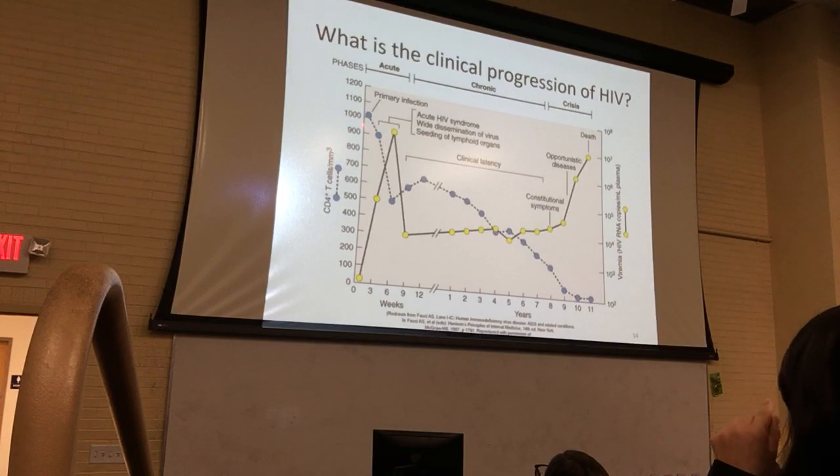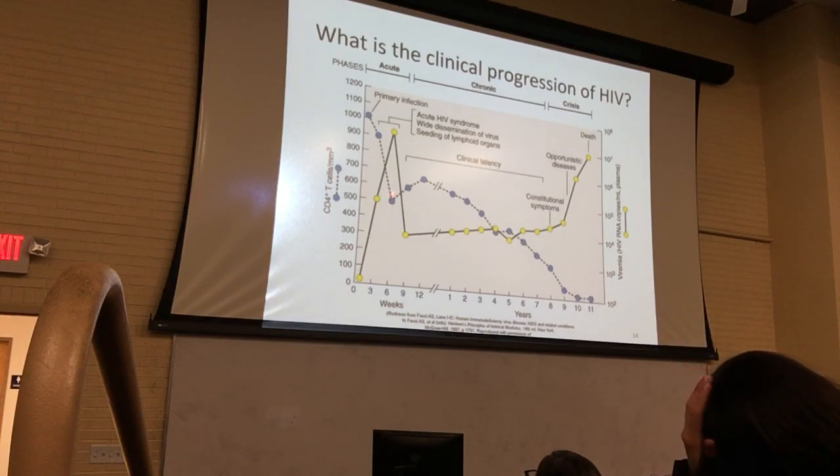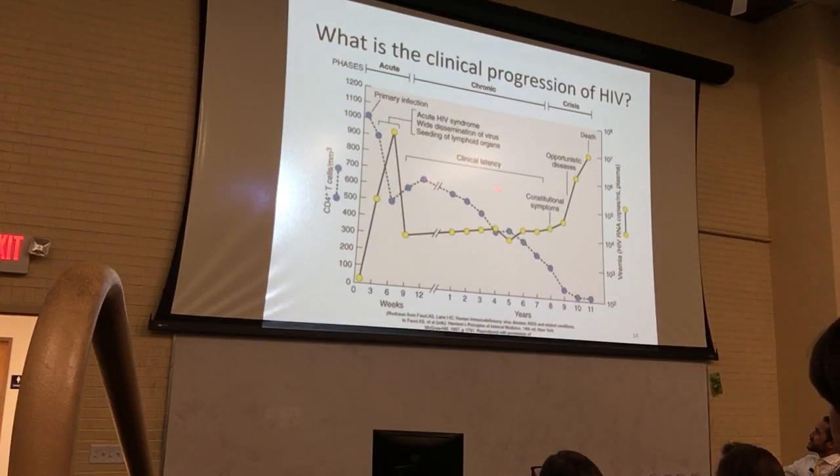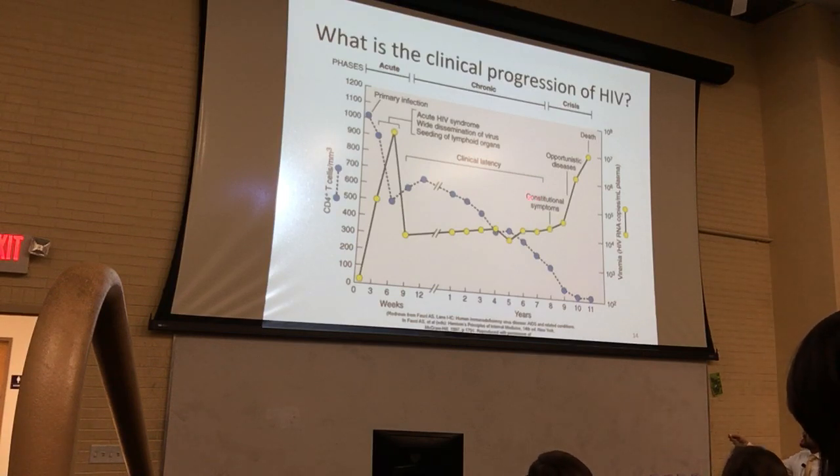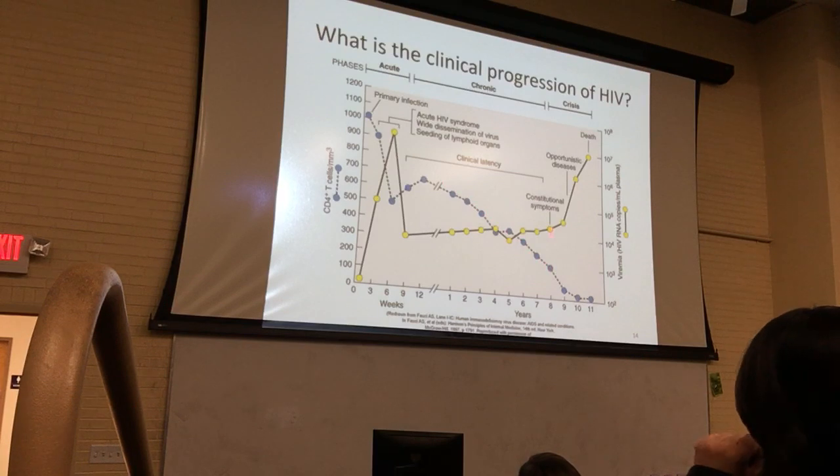But bottom line is you can appreciate that in the primary infection, there's a drop in the number of CD4 positive T cells, or the helper T cell population goes down. It infects and it kills some of the helper T cells right away. Some of them rebound, and then in this clinical latency period is where the population either stays steady or it slowly declines.